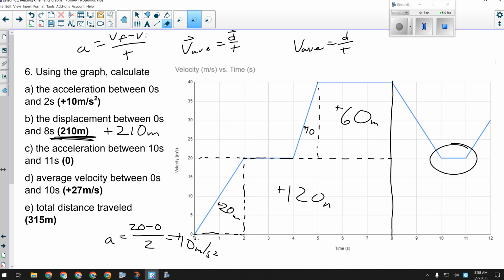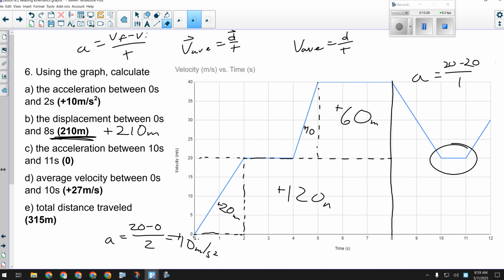That's not necessarily a math question, although you could solve it mathematically if you wanted to. You could go a equals vf, 20, minus vi, 20, divided by 1. You can do that and get 0, or you can look at it and go, I know that acceleration means the velocity has to change, and it's not changing there, so I'm just going to write 0 and be done with it.